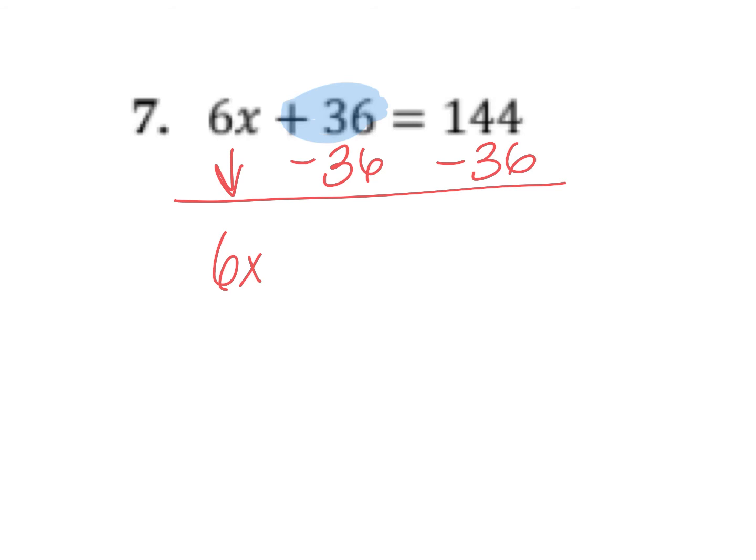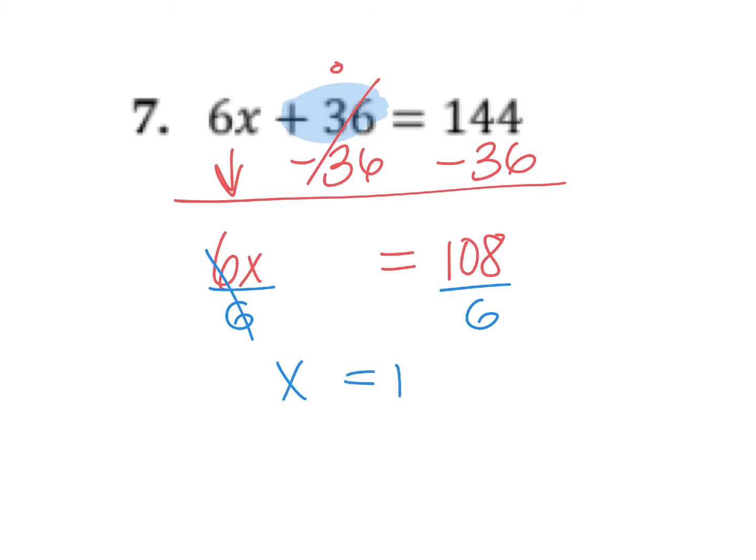And then we have plus 6 minus 36 makes 0, so that's gone. Bring down your equals. 144 minus 36 is 108. So right now I have 6x equals 108. This is 6 times x, so we have to do the opposite and divide both sides by 6. So 108 divided by 6 gets us 18 for our answer.